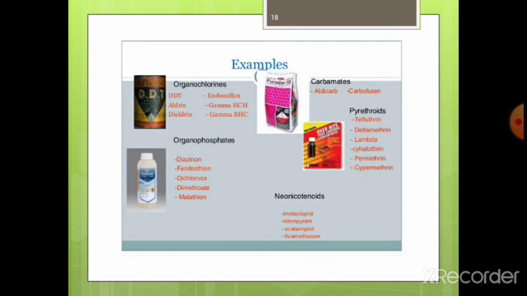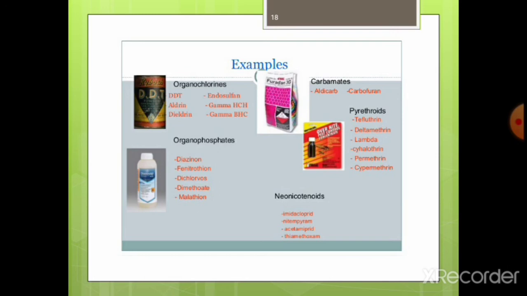DDT, that is dichlorodiphenyltrichloroethane, then endosulfan, then diazinon, that is organophosphate, carbamate, then pyrethroids. These are all examples of pesticides, insecticides.